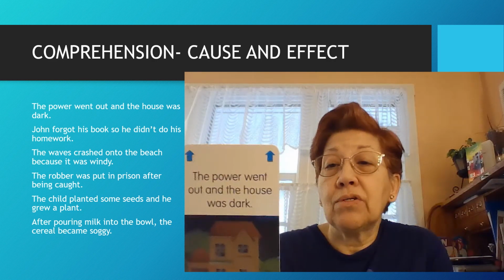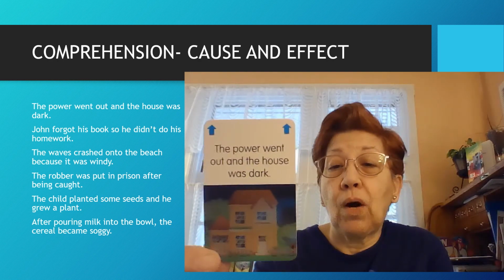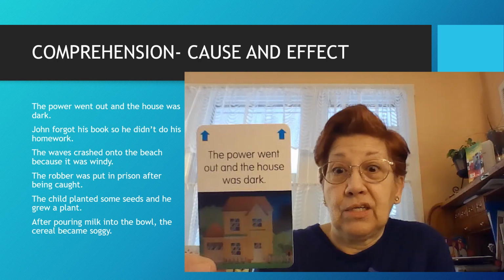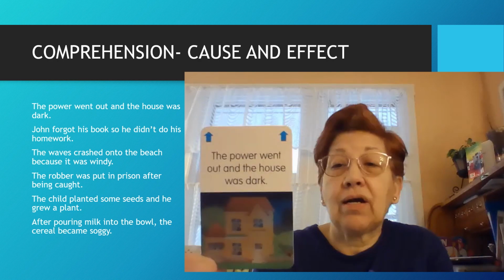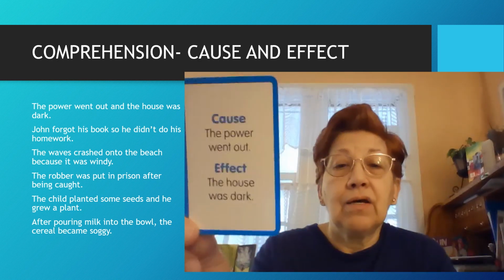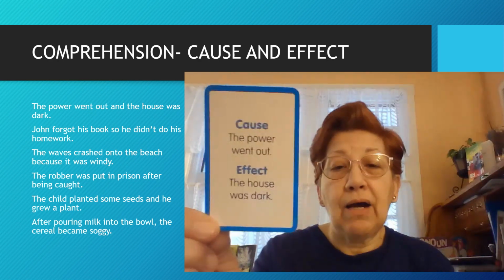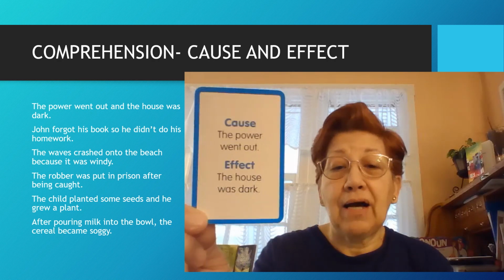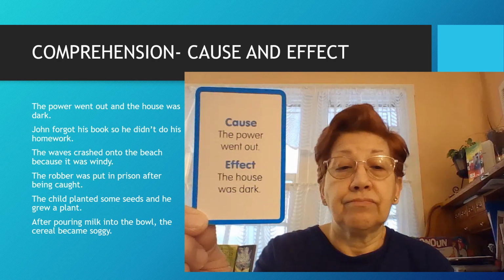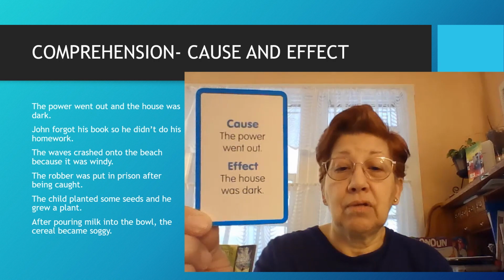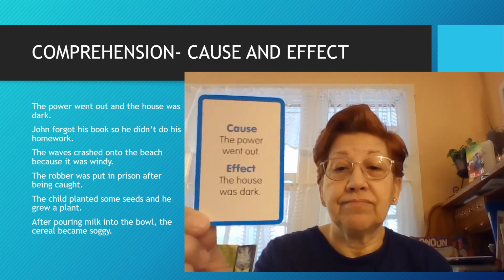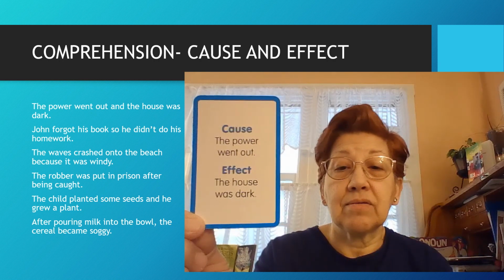The outcome would be what? The house is dark, right? So the cause is the power went out, and the effect would be the house was dark. So if you were asked a question, that's how you would answer it, about this.